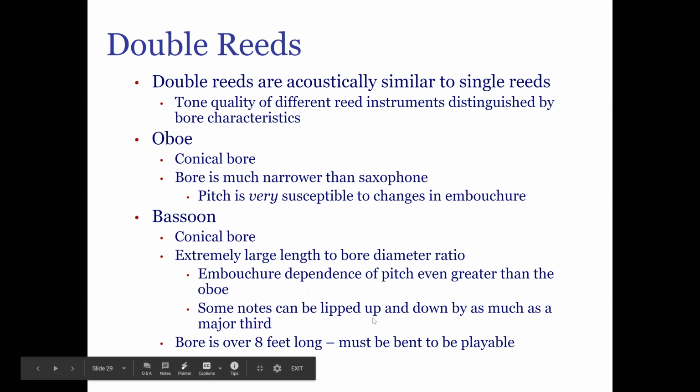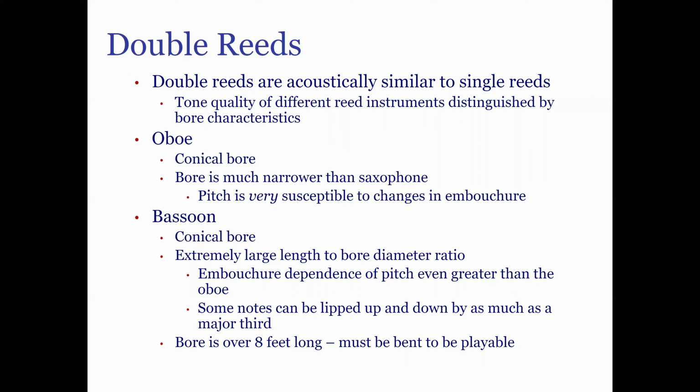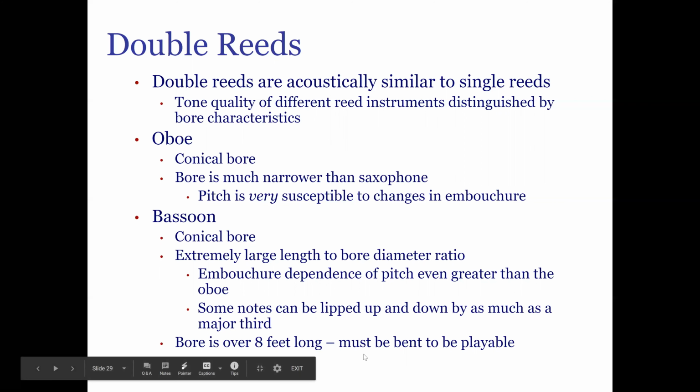The bore is about 8 feet long, and it's bent to be able to be playable, because no one except the tallest person in the world would be able to play an 8-foot long instrument, and even they would have to stand on a stool to make it work. So instead they bend it up and around so that you can take this 8 feet and make it more like a 3 to 4 foot instrument.